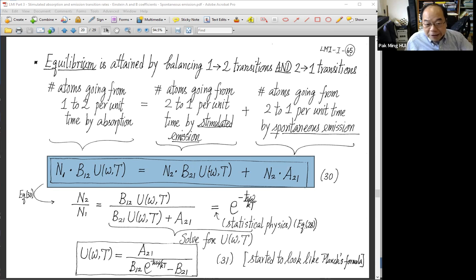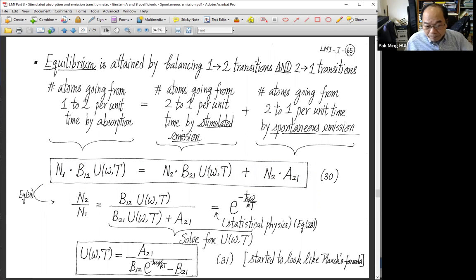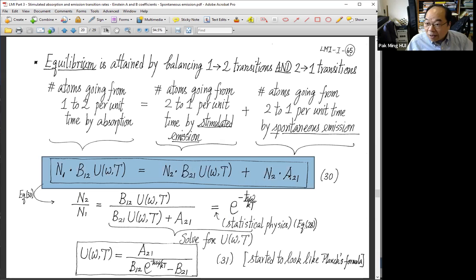Now, this is dynamical equilibrium. But don't forget, we have one little piece of statistical physics. N2 over N1 equals this. Okay? Now, let's sit down to work. From this line, we can solve for the ratio N2 divided by N1.